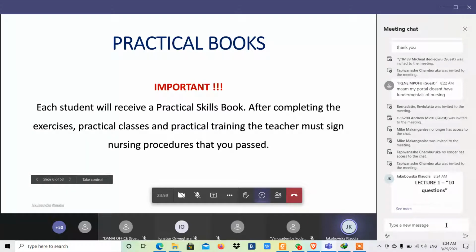So again, practical books. I think that Monika Wróbel will give you practical books. It's very important.